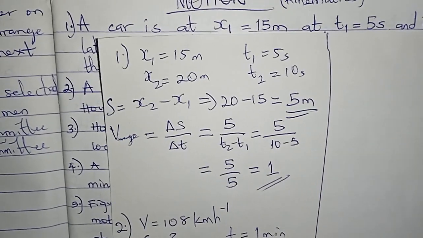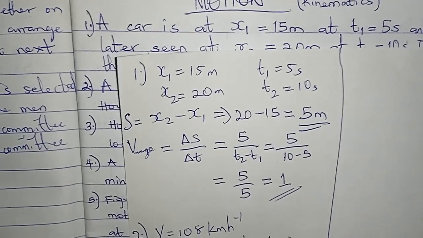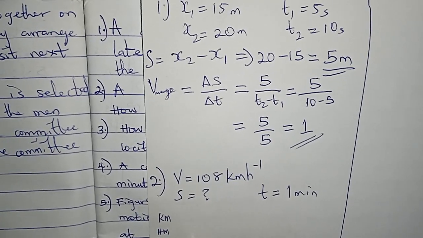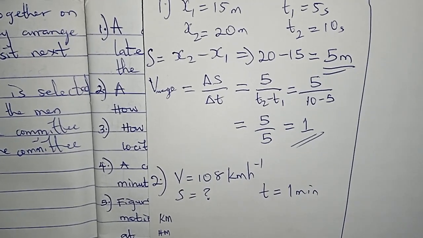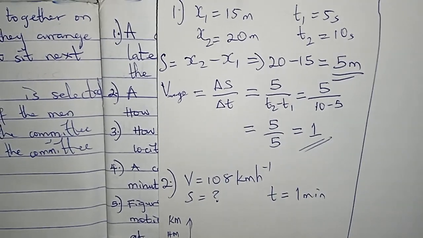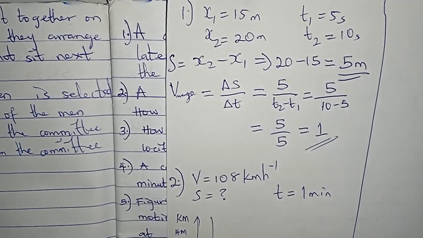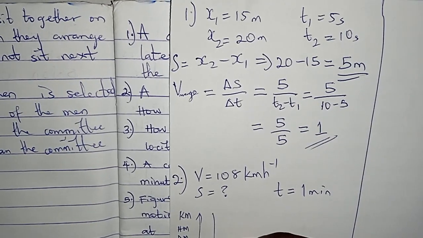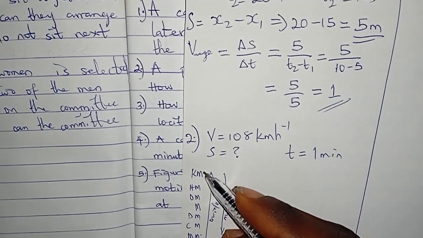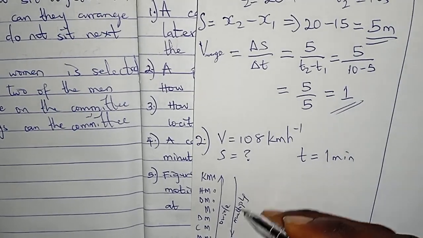First thing first, you need to remember what I taught you about kilometer, hectometer, decameter, meter, decimeter, centimeter, millimeter. When you are going this way, divide. When you are coming this way, multiply. Since this is in kilometer, 1000 meter, when you are coming this way, you multiply.